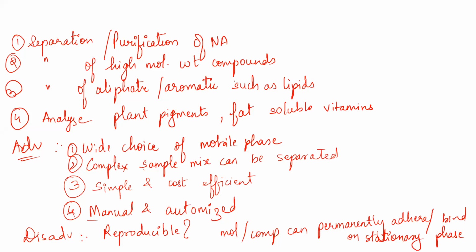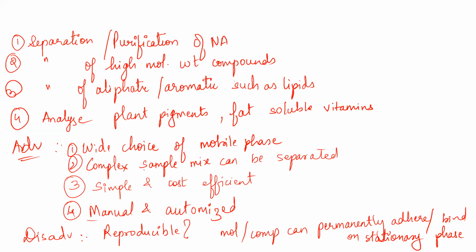The affinity is so high that the analyte can stick permanently to the silica, and then the column becomes a waste column. You cannot remove it then. You cannot use that column, and these columns are quite expensive, sometimes in lakhs. So you have to buy these columns spending from say 50,000 to a lakh or something like that.